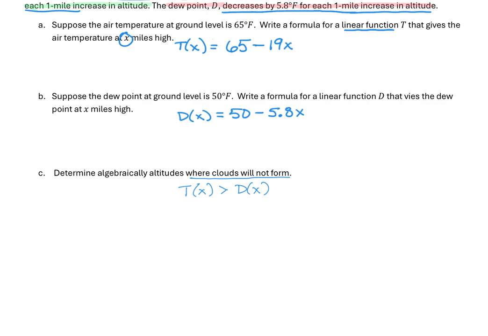All right, so we're going to go ahead and begin our expression. T of x: we have 65 minus 19x is greater than 50 minus 5.8x. If we go ahead and solve this, I'm going to move my constants to the left and my variables to the right, that way we have positives.